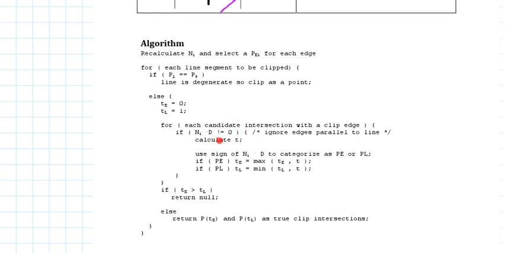Then you have to calculate T. Use sign of Ni dot Di to categorize as PE or PL.